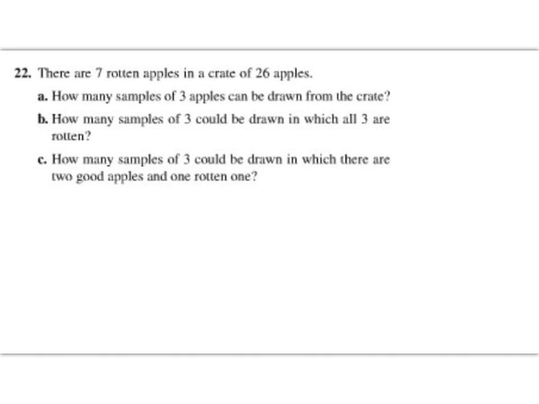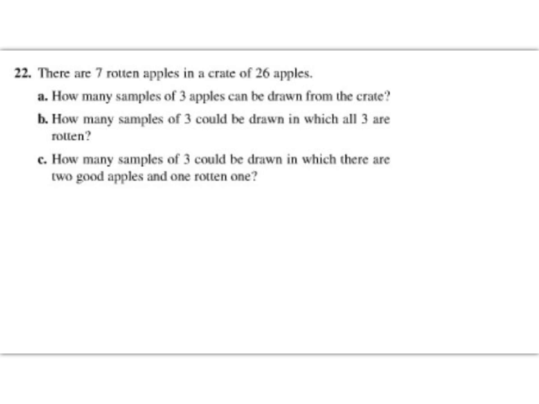Let's go on to the next one here. Okay, slightly different situation here. We have 7 rotten apples that are in a crate of 26. That reminds me of a geometry class I had a long time. Okay, shouldn't say that. I'll be nice. So 7 rotten apples that are in a crate of 26. Interesting, interesting.